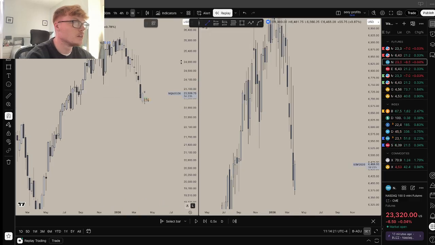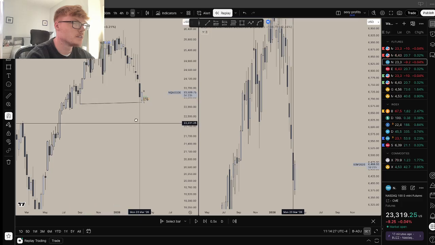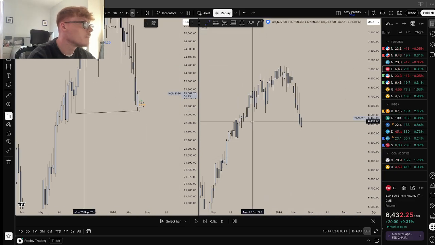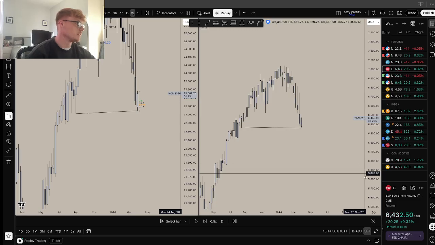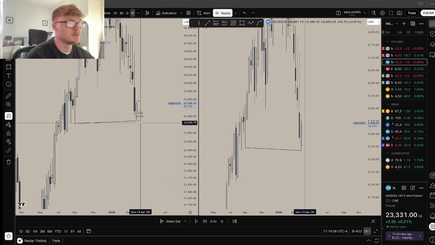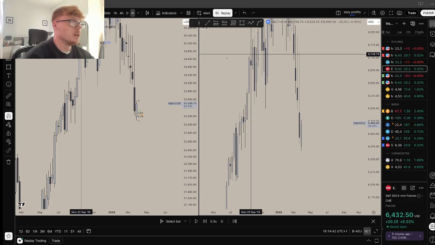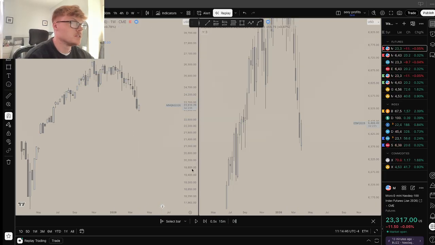So you can see here we've got this weekly low that we had SMT there. See that, and then right here. Boom. So we have this weekly SMT, which made me a little bit more bullish. So I was leaning a bit more bullish because of that reason as well.